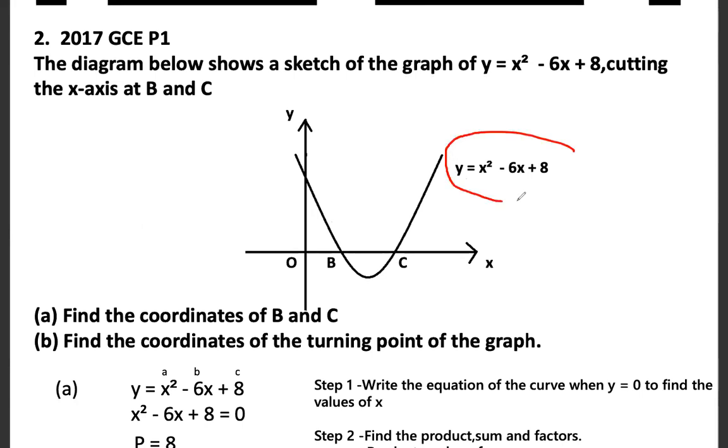Find the value of x at the turning point here. Send me your answers, and then I'll give you some work.